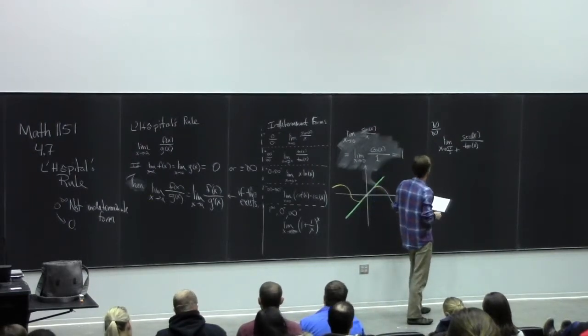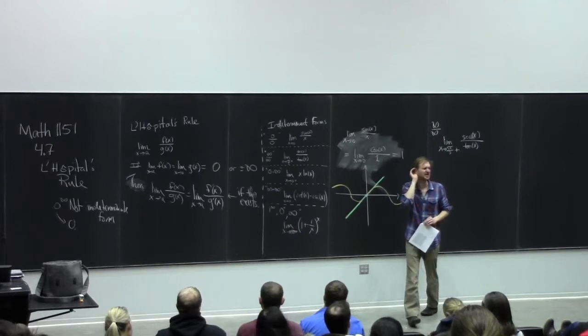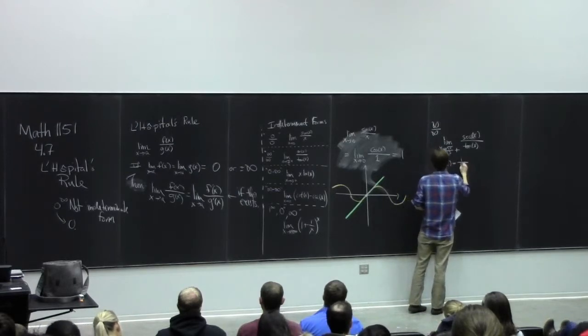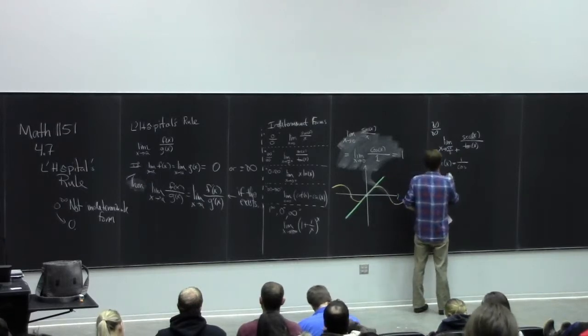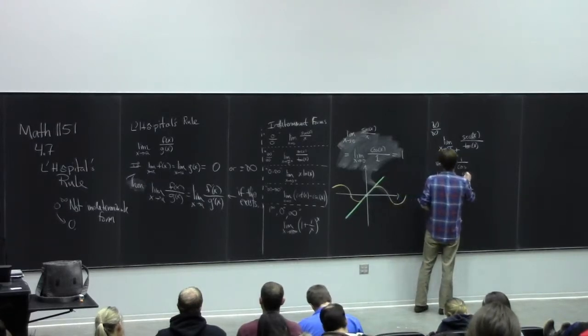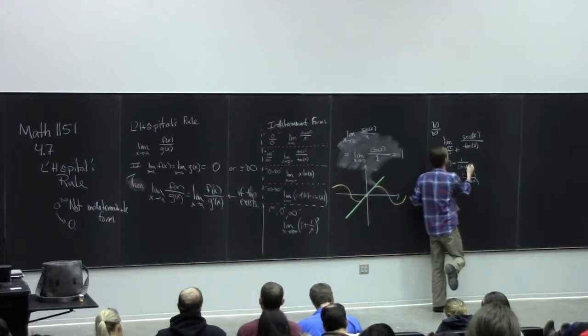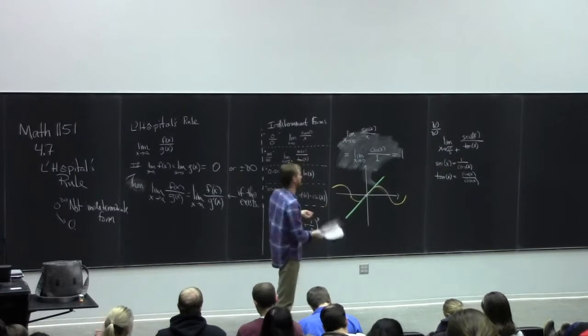What is secant? It's 1 over cosine. So secant of x is equal to 1 over cosine of x, and tan of x is equal to sine of x over cosine of x.